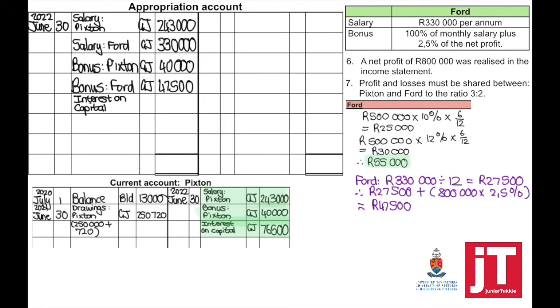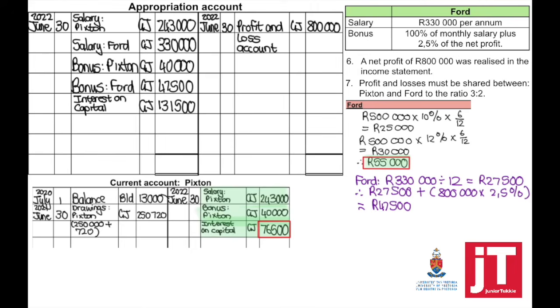The partners are entitled to interest on capital. Interest on capital is the total interest. So there's a calculation. We need to add Pixton plus Ford. So the total interest for both of them added together is 131,500. Once we've calculated or entered all the primary distributions of profits, the net profit will always appear on the credit side.